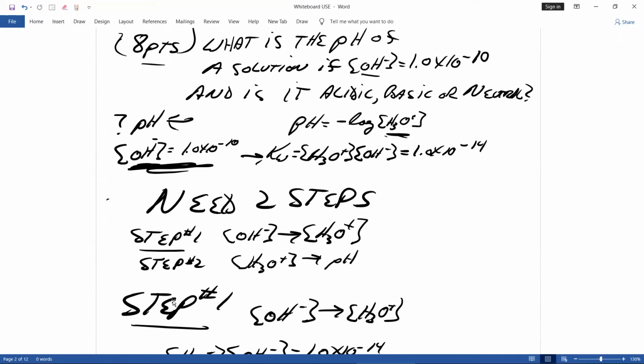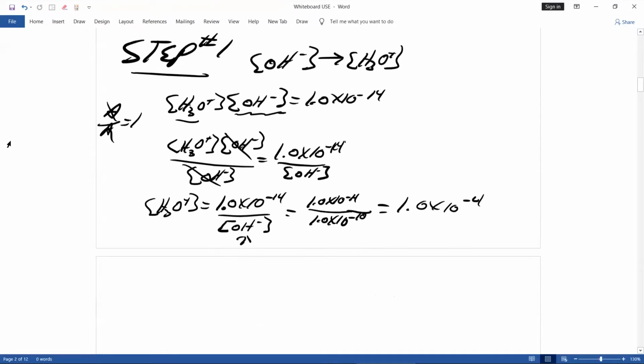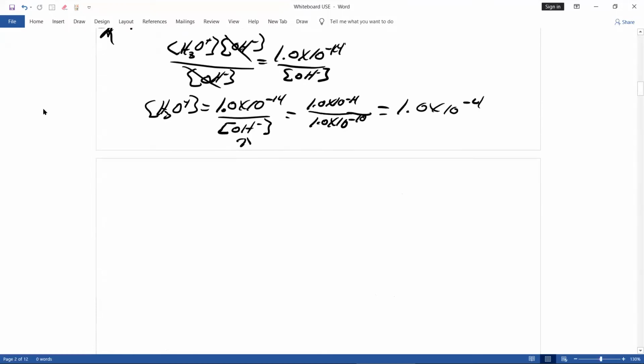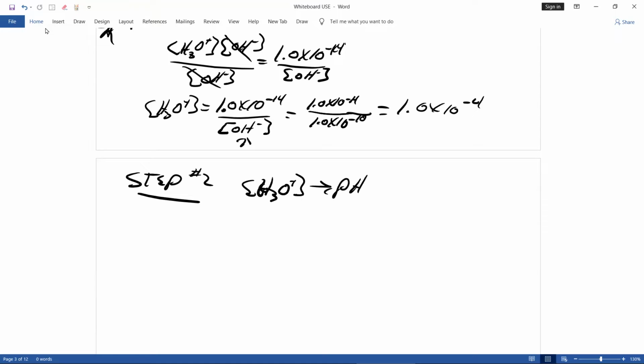I need the pH. So now I'll do step 2. pH is minus the log of the hydronium ion concentration.